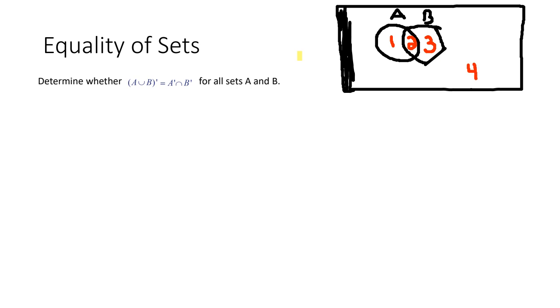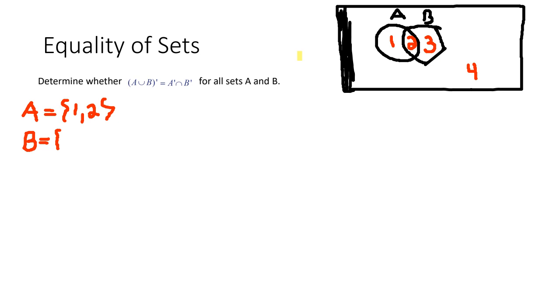Okay, so now what I can do is I'm going to go ahead and write my set A. So my set A is equal to 1 and 2. Okay, and then my set B is equal to, what numbers are in B?